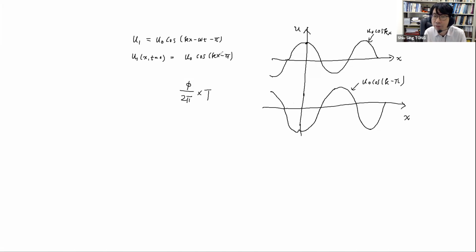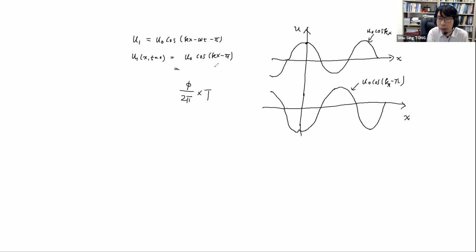Now, in fact, plus pi or minus pi gives you the same answer, because if you imagine shifting this curve to the left by half of a wavelength, you still get this curve, right? So it doesn't matter. Plus pi or minus pi just gives you the same curve. So this is the curve you got. And if you like, you can convert this curve into a sine.